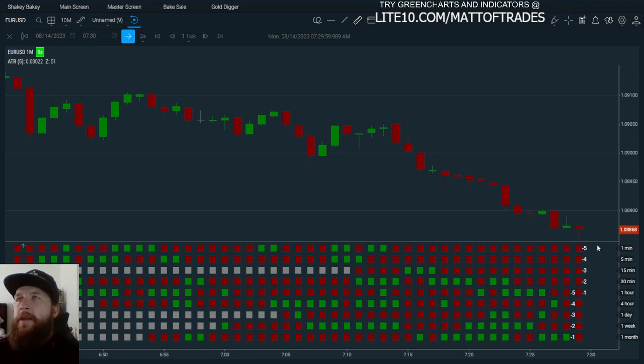On your 1 minute time frame, your box is going to update every minute. Your 5 minute is going to update and create a new box every 5 minutes, and so on with 15, 30, 1 hour, all the way down to 1 month. The general idea is if you're looking at a 1 minute chart and you have a red box, it's telling you that the general trend on that chart is bearish. It actually looks like everything is bearish right now.